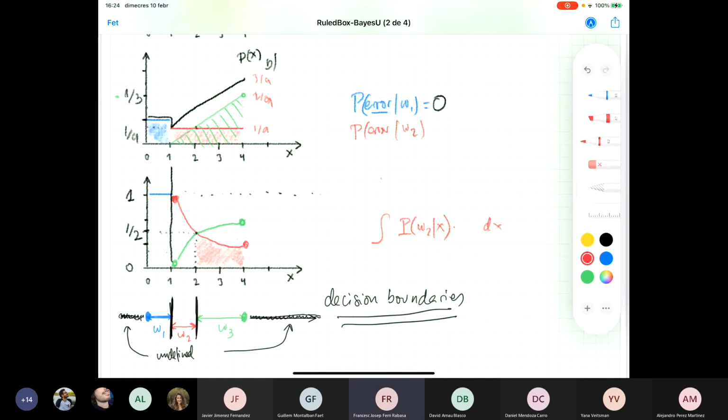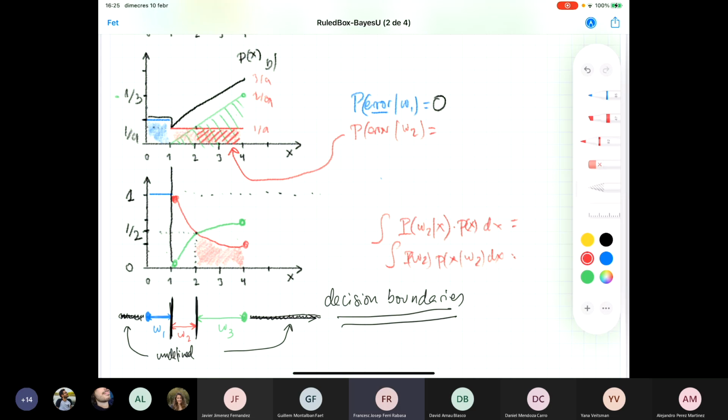But this has to be weighted by p(x). And this is exactly the same as that. Do you understand that?